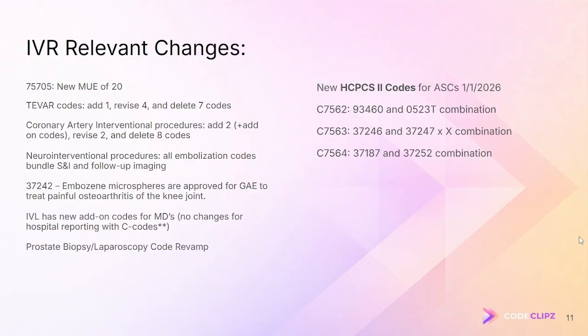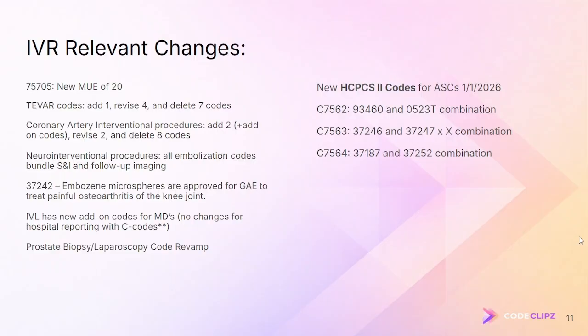IVR has several relevant changes to the industry. I've listed them here for you. A few notable ones are that 75705, which is the spinal angiography, has an MUE that was 5 and is now 20. So if you're doing genuine spinal angiographies, those contrast studies for that purpose, then you now have a possible billing amount of an MUE of 20. TVAR has some revisions.